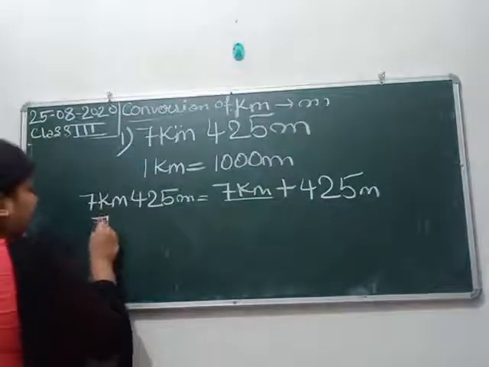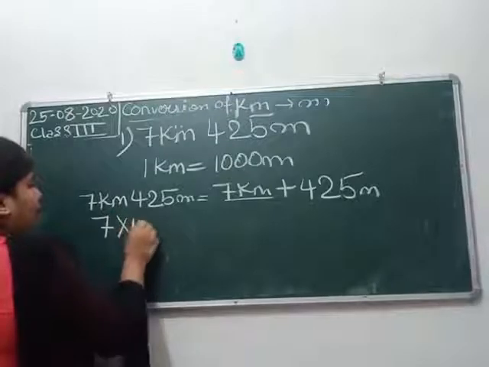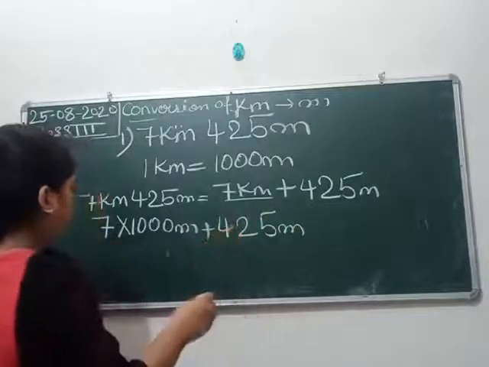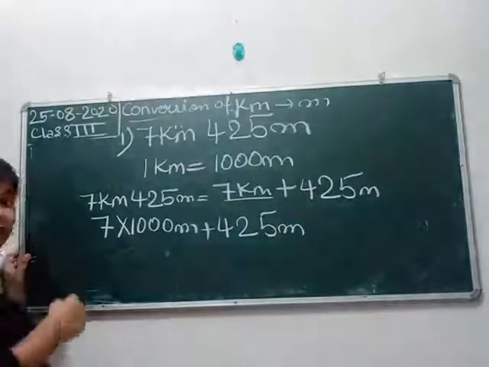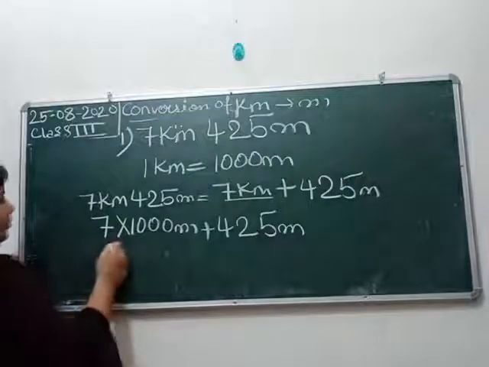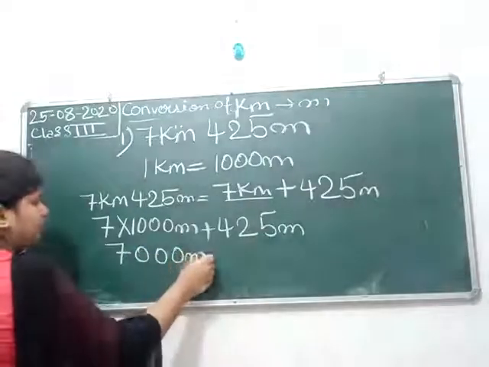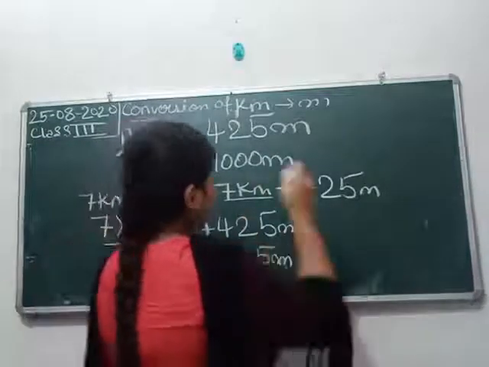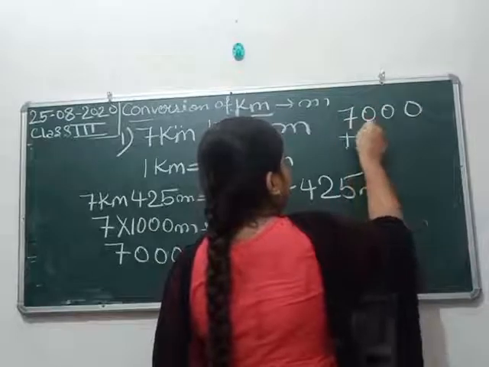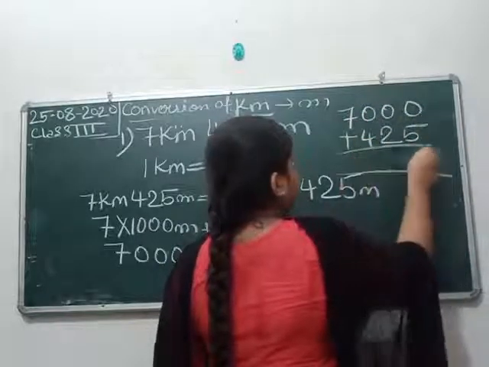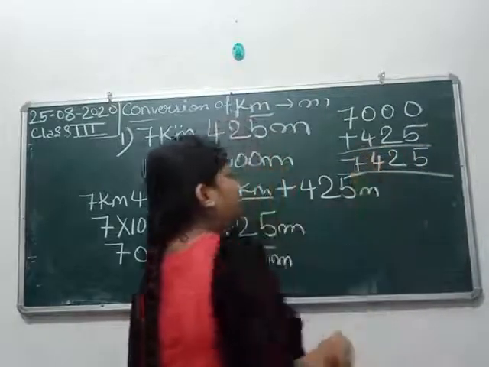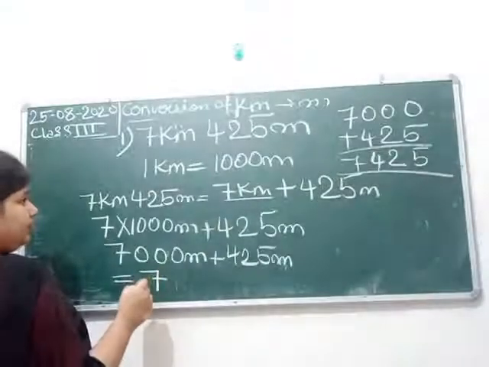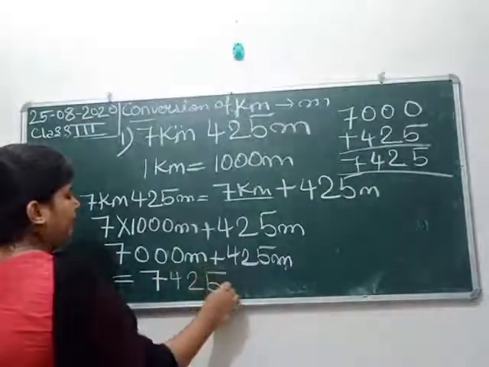Now here 7 into 1000 meter plus 425 meter. 7 into 1000 meter gives us 7000 meter plus 425 meters. Together it forms 7425 meter.